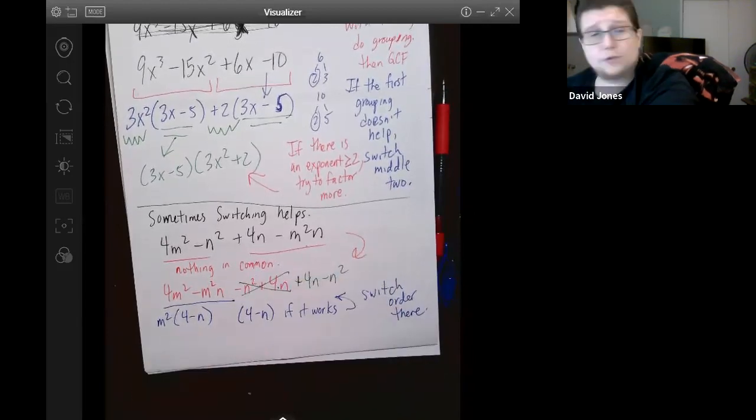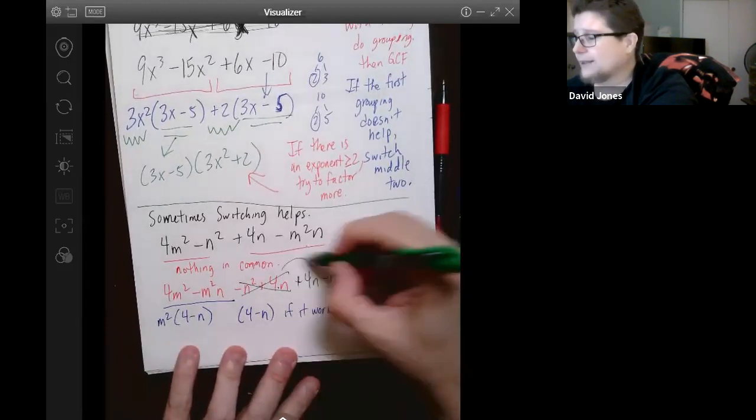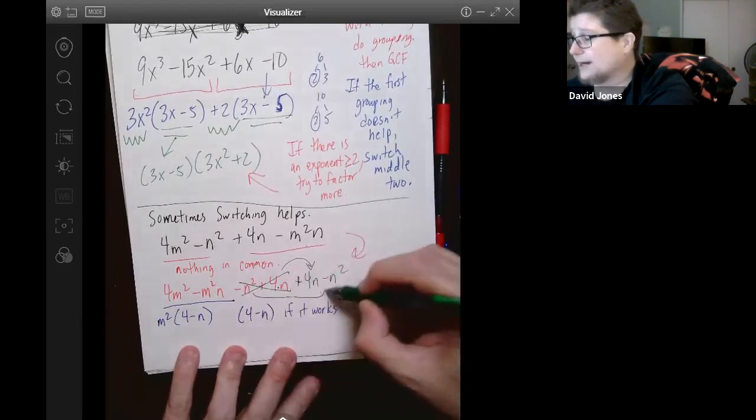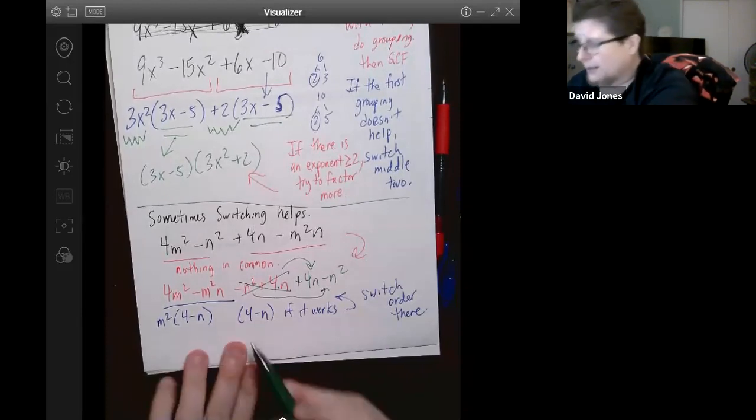All I did is I switched the order around. Verify that. 4n went there, negative n squared went there. All I did is I changed the order around because I wanted my parentheses to repeat. And if I want a 4 in front, that's the only way it's going to repeat.